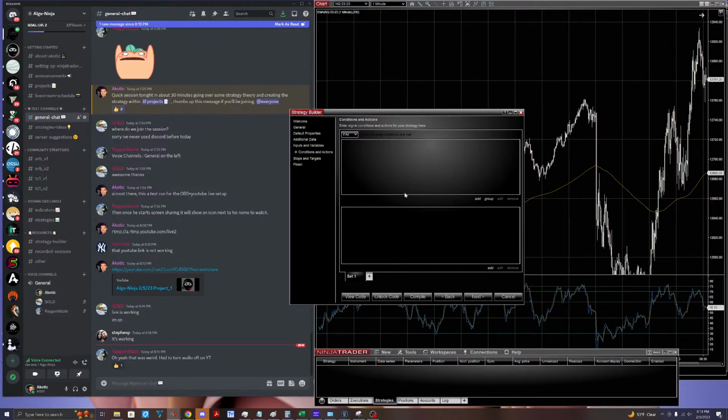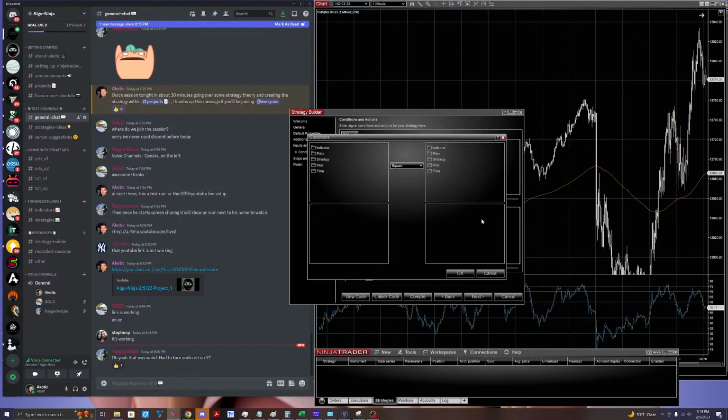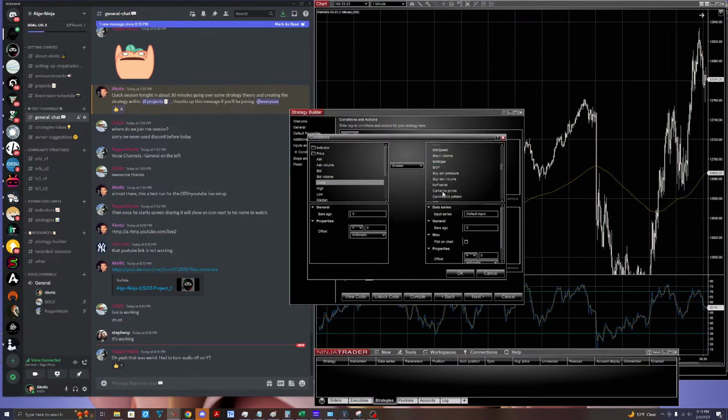So this is where we can create our first conditions. We'll go to add, price close. So we choose price, go to close, because we're going to be using the close price is greater than the 200 EMA. Here, the plot on chart option allows us to see whatever indicator we're working with on the chart.